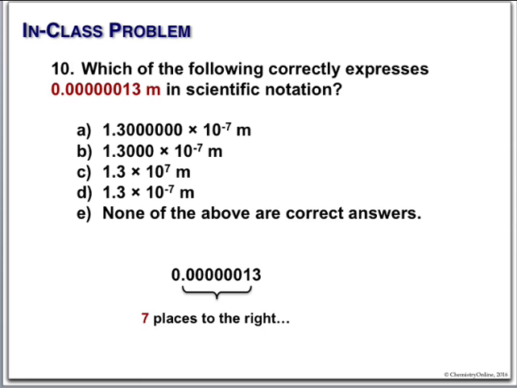We will wind up with 1.3 as our coefficient, and 10 to the -7 as our exponent. We move it over 7 places to get 1.3. Any questions?